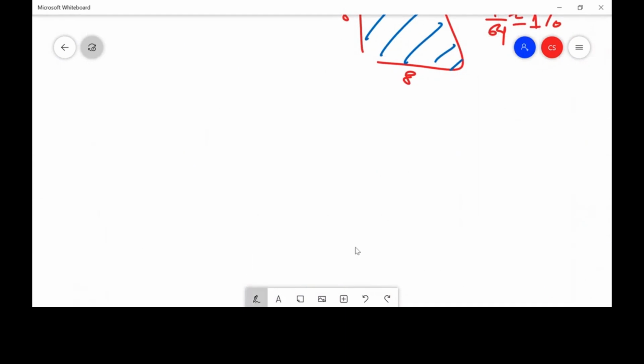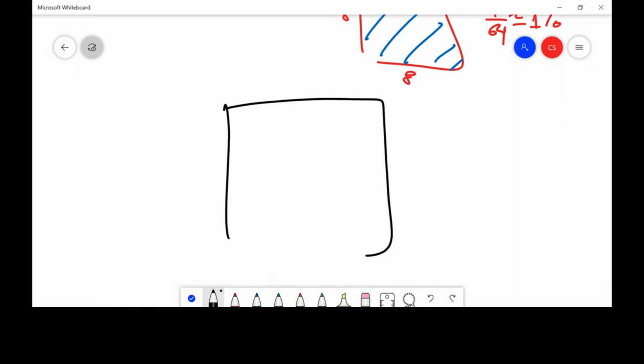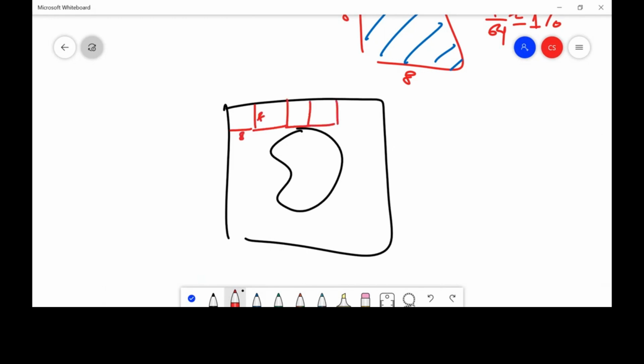I have my input image, and I divide it in blocks of size 8 times 8. So I have a lot of blocks like this, and what I'm sending you are these numbers. For each one of these numbers, I need 8 bits.